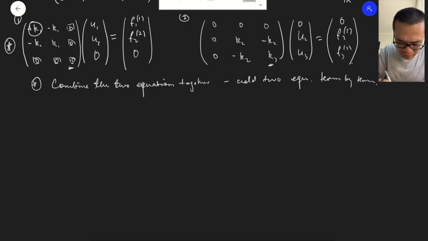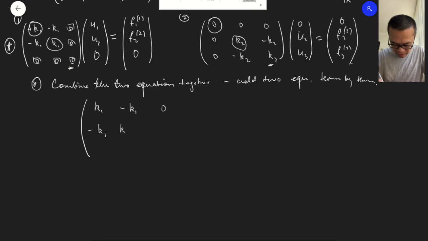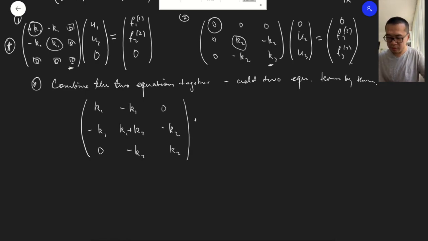Adding this one gives you the first matrix element in the final equation, which is K1. If you repeat this, it's minus K1, 0, minus K1, and this one is K1 plus K2, minus K2, 0, minus K2, K2, times the displacement vector.